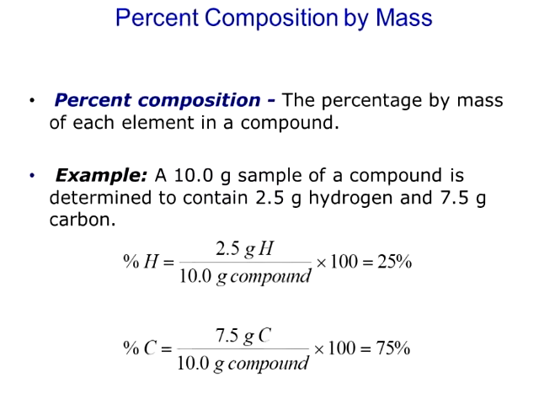In the laboratory, this student has discovered that they had 2.5 grams of hydrogen in it and 7.5 grams of carbon. Therefore, the grams of hydrogen divided by the total grams of the compound times 100 gives 25% hydrogen. Percent carbon is 7.5 grams divided by 10 grams to give 75%. All of the calculations for percent composition can be worked by these methods.